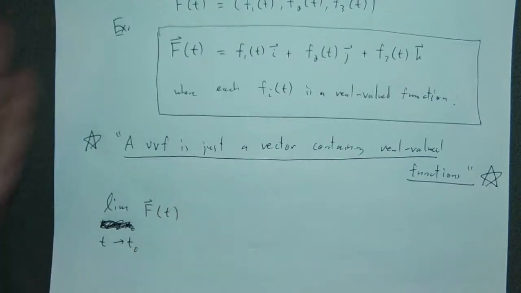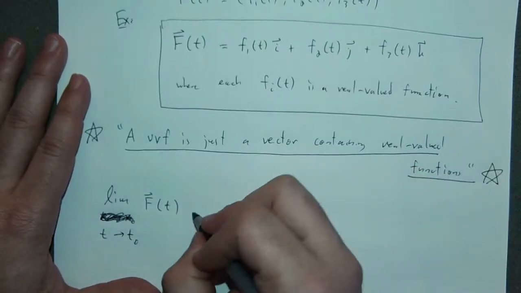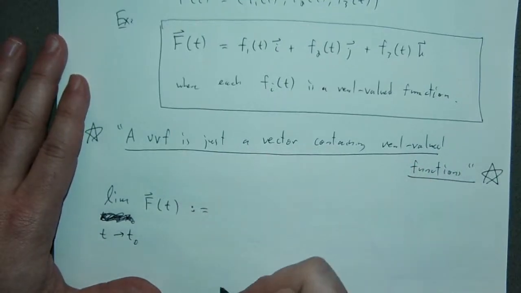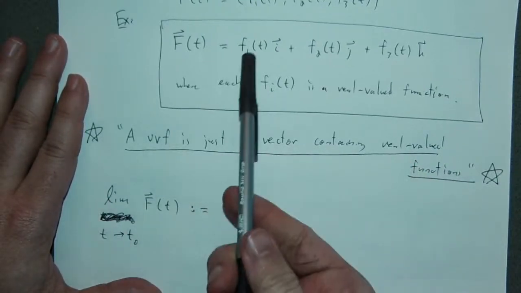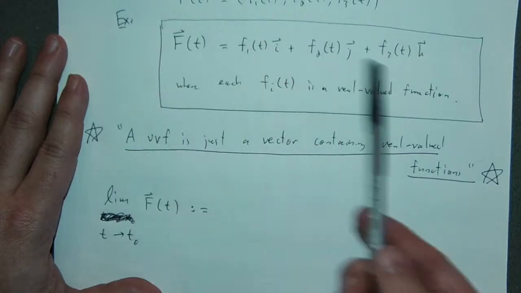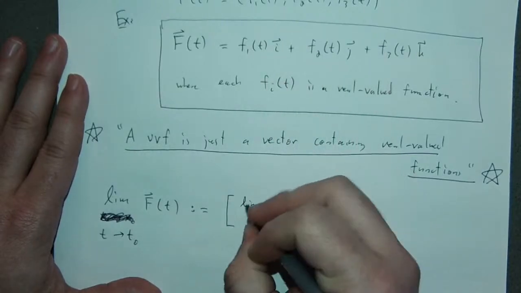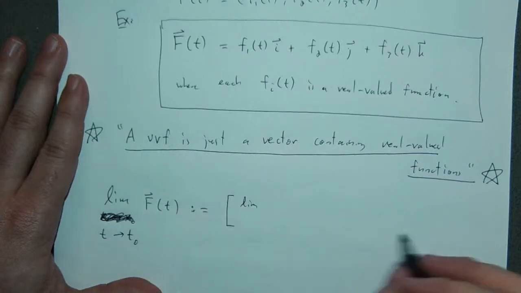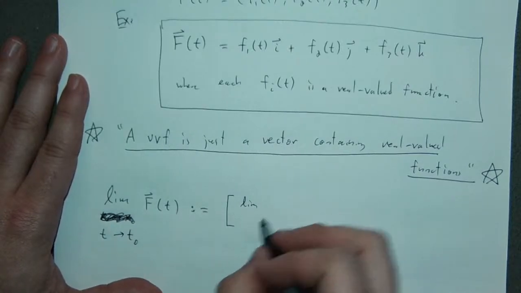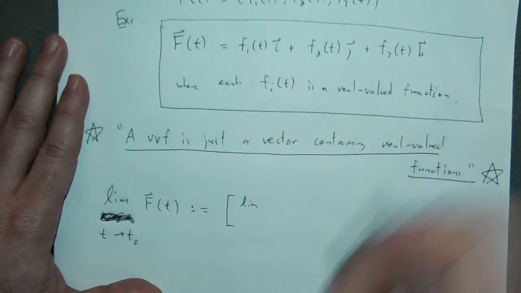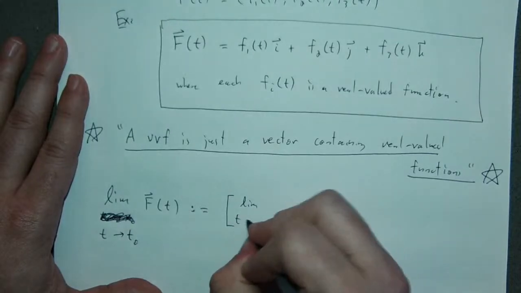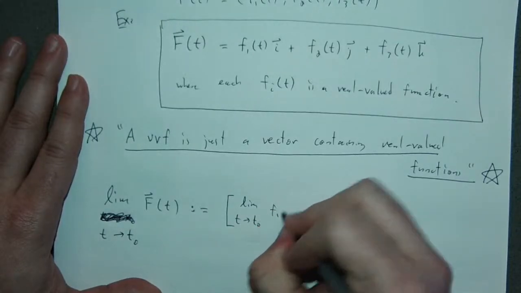What do you think the definition of the limit is going to be? Well, it's going to be the limit applied to each of the component functions. So it is the vector consisting of the limits of each of these components. So it would be this.